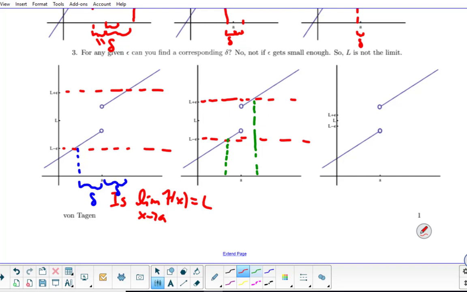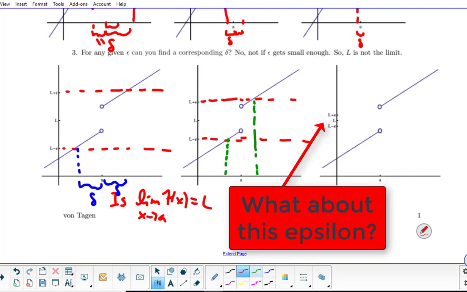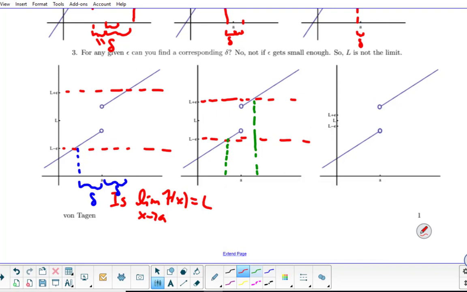What about for this epsilon? This is the crux of this explanation. I don't think everyone gives a visual demonstration like this, and I think it is for this reason that it is useful. So somebody says, I want you to be within this much of what you claim the limit is. There's your epsilon strip.